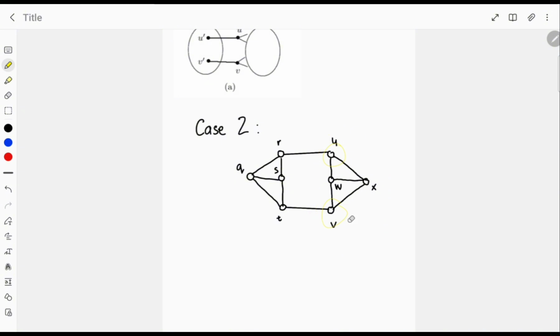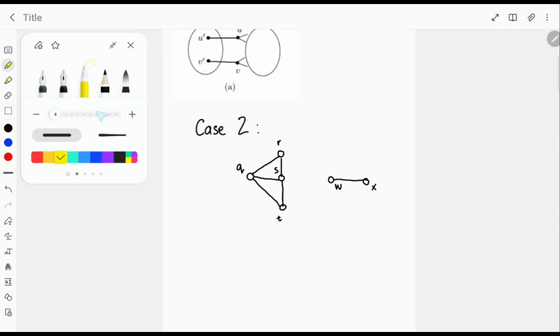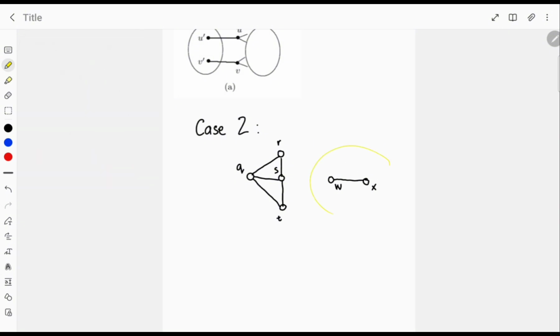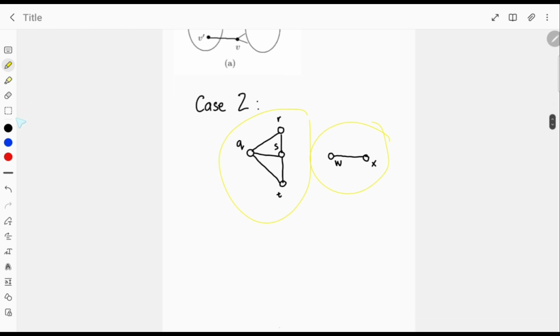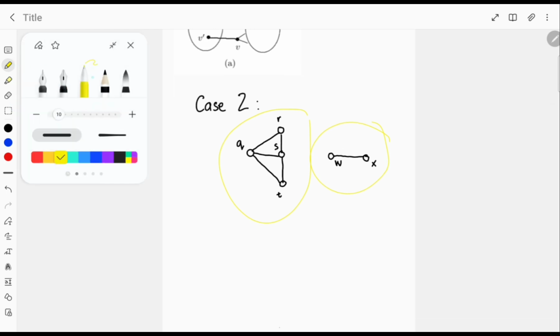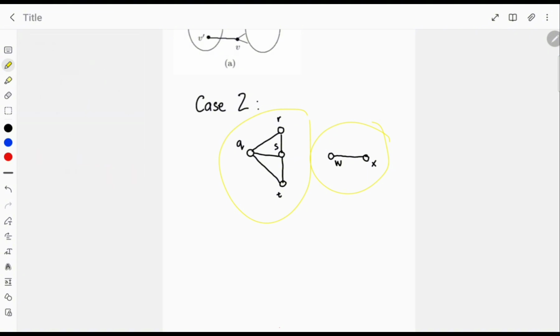So in this case, if we remove u and v, then we are left with 2 components, a disconnected graph. And thus it satisfies that our κ(G) is equal to 2.